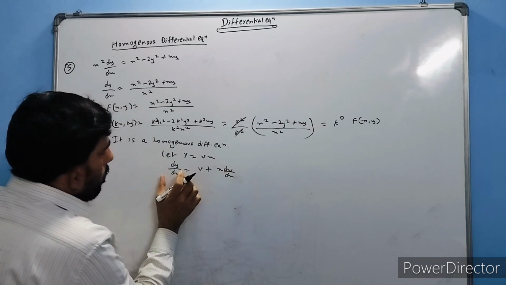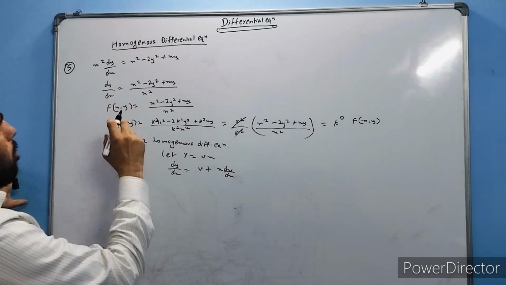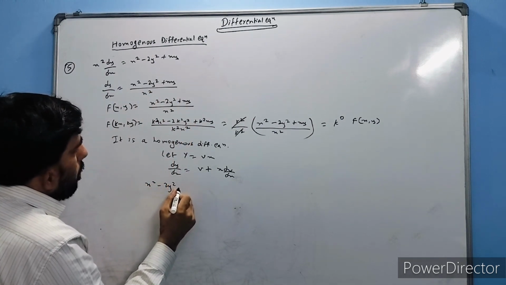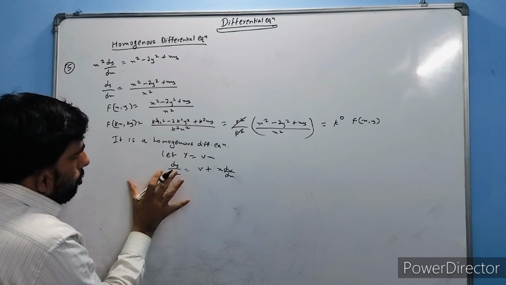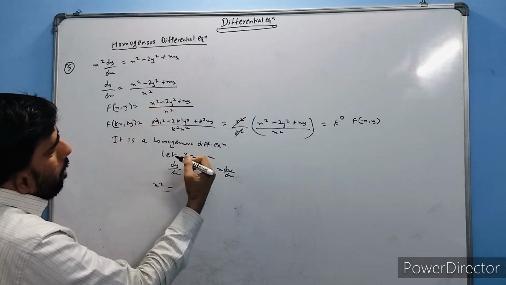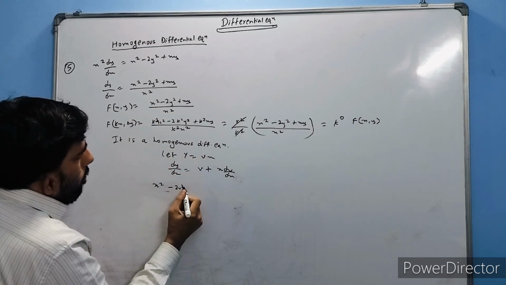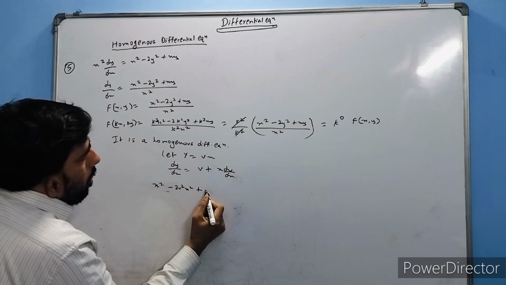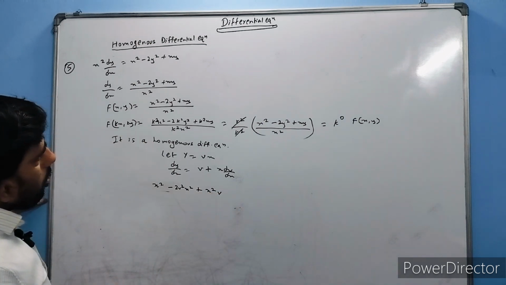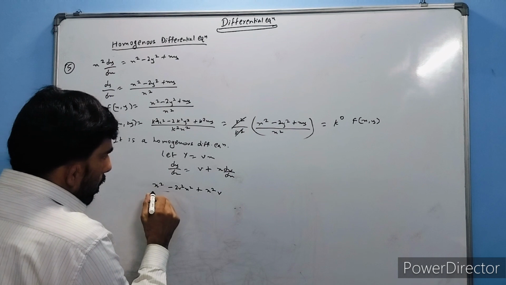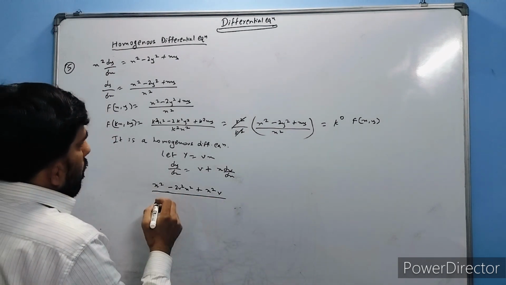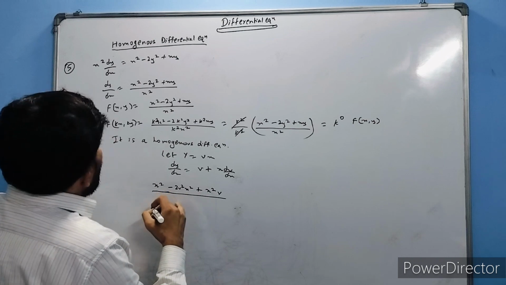Now we can put this value here: dy upon dx is x square minus 2y square plus xy upon x square. Putting y equal to vx, we get x square minus 2v square x square plus x square into v, upon x square.